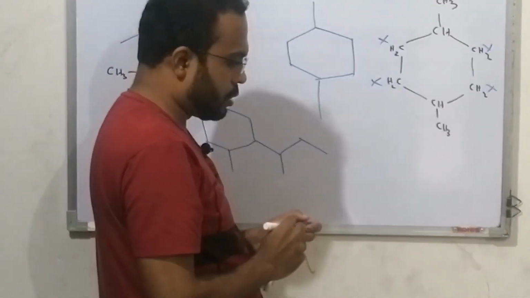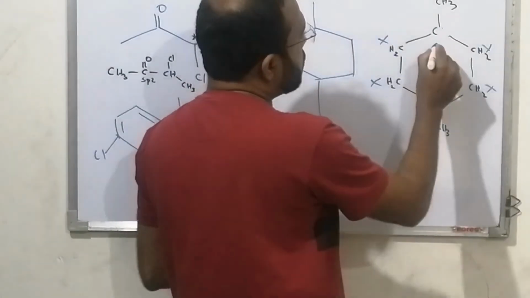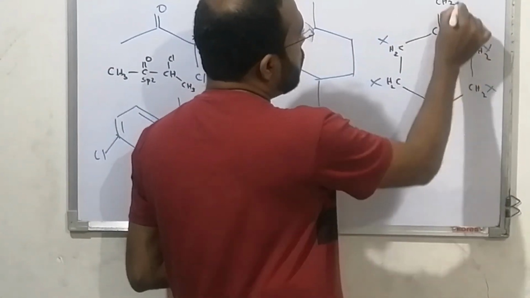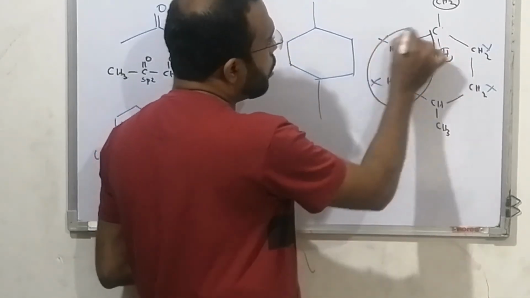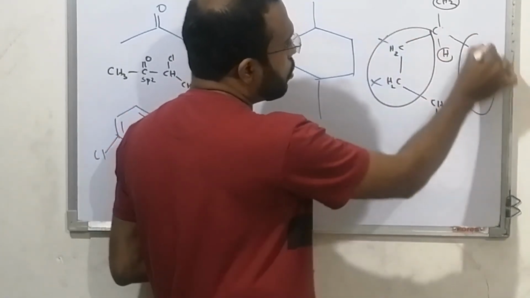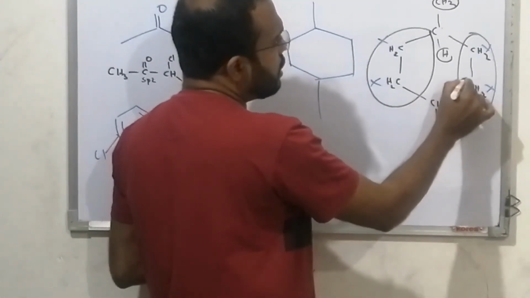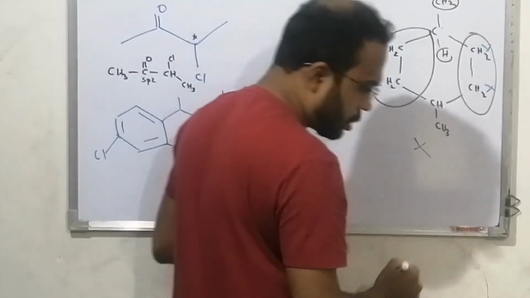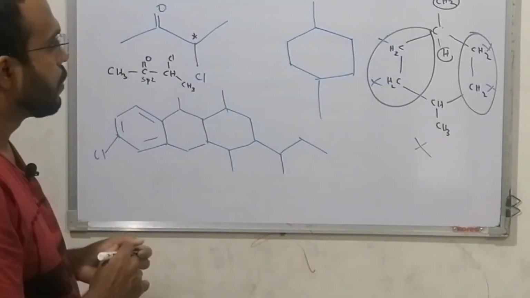How many chiral centers in this molecule? Now you just make this H. This is second group. You can make this third group. You can make this fourth group. Therefore, these are the same. Therefore, this is also not chiral. This is also not chiral.